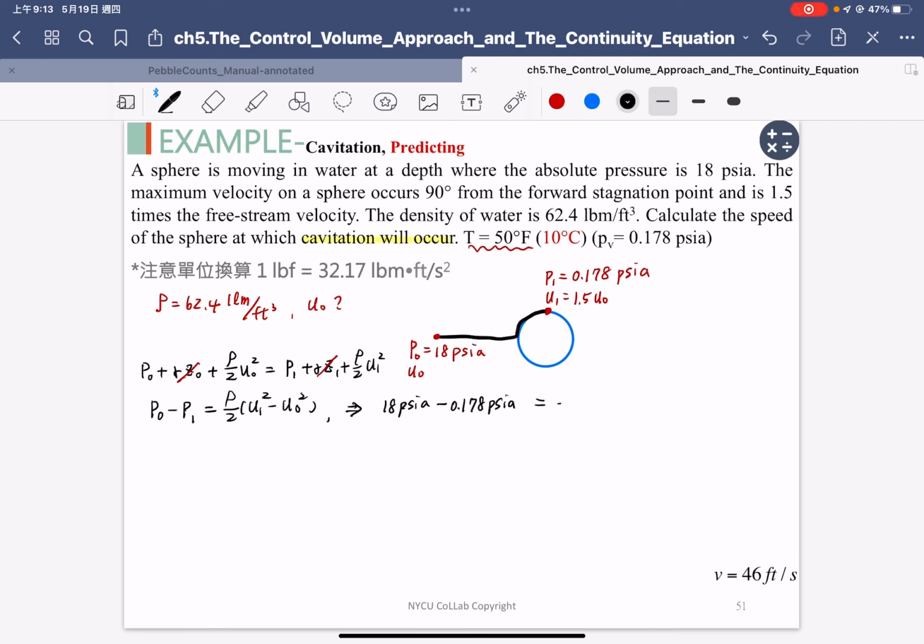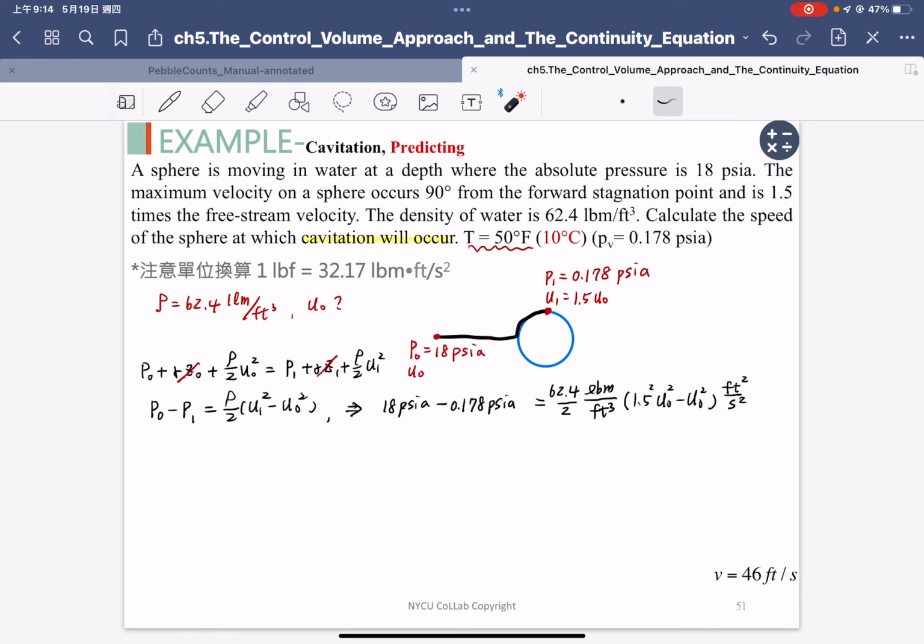Okay, this will equal one half rho, where rho here is 62.4 pound mass per cubic foot, times the quantity with U1 equal to 1.5 U0, so U1 squared is 1.5 squared U0 squared, minus U0 squared. The unit here is feet per second, so feet squared per second squared.